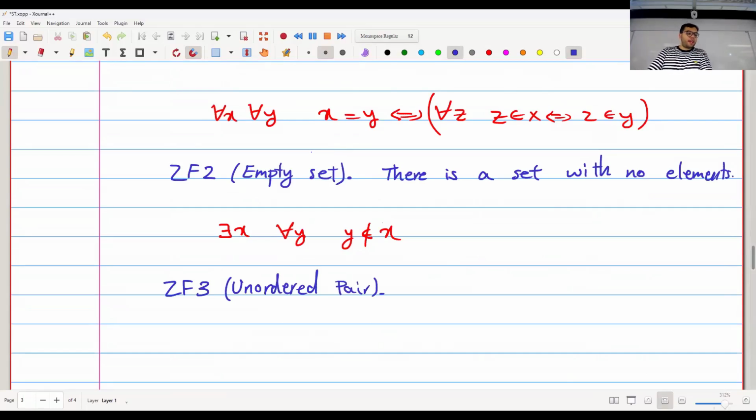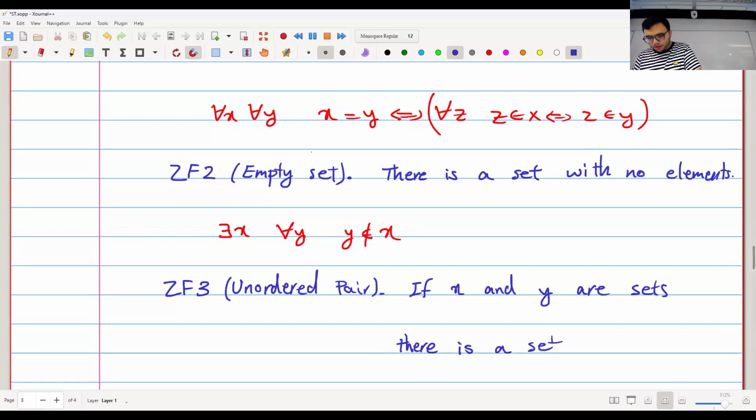It says if I have X and Y and they are two sets, then there is a set whose elements are exactly X and Y. Okay. So if X and Y are sets, there is a set, there is a unique set actually, but I don't have to write unique.